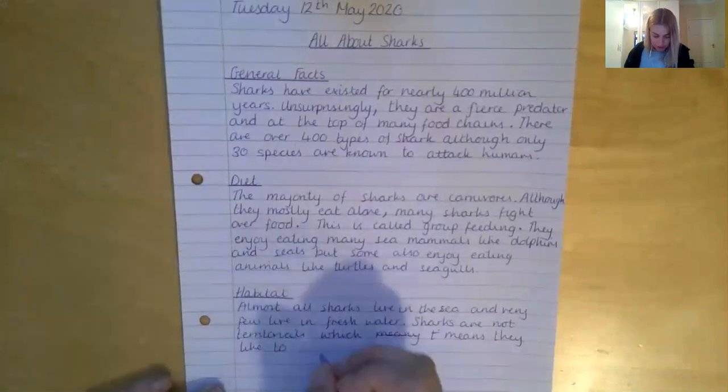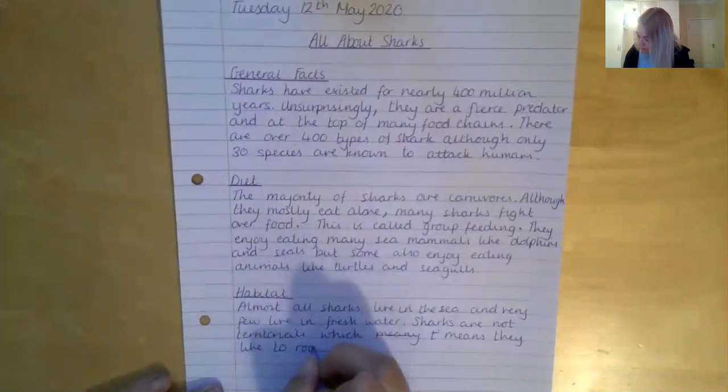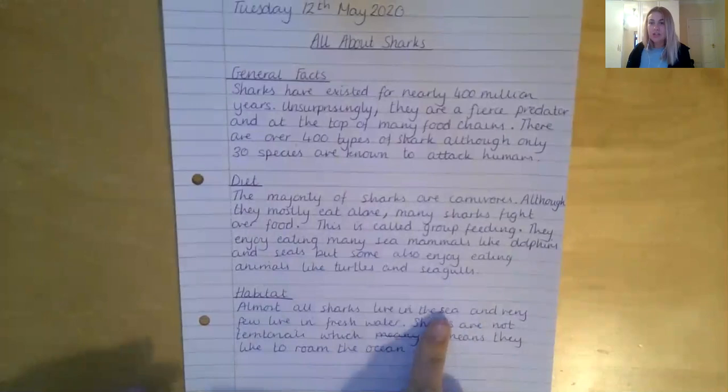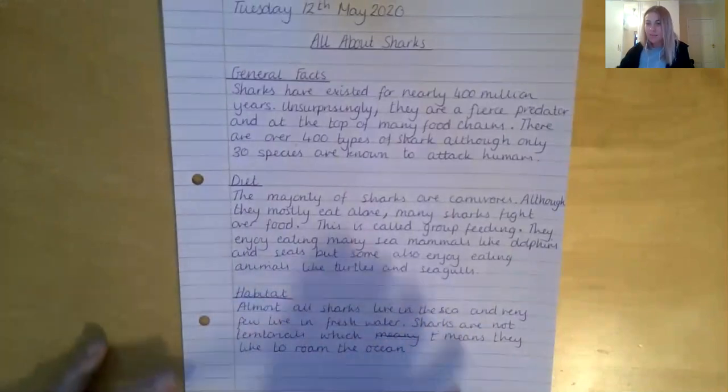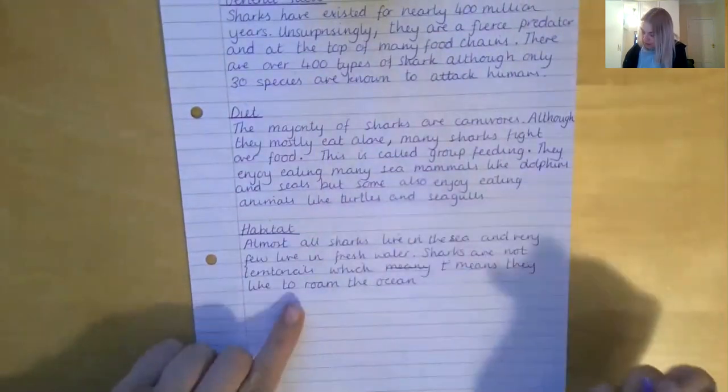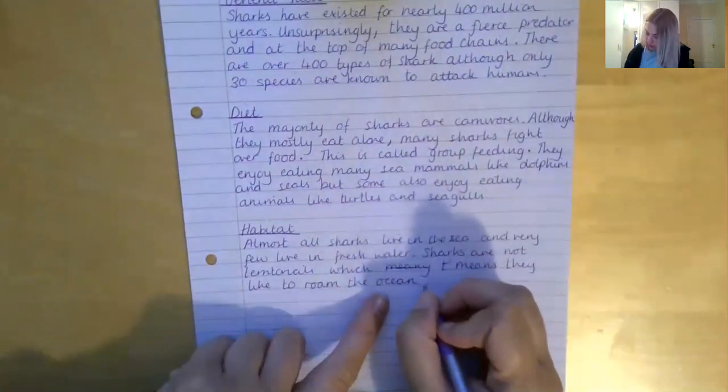It means they like to roam the ocean. Now notice that I've used ocean instead of sea, just to vary the vocabulary and make sure that I'm not repeating myself too much. So they like to roam the ocean.